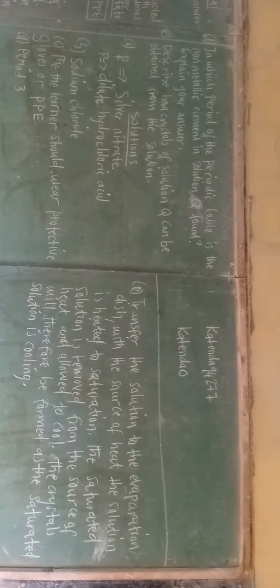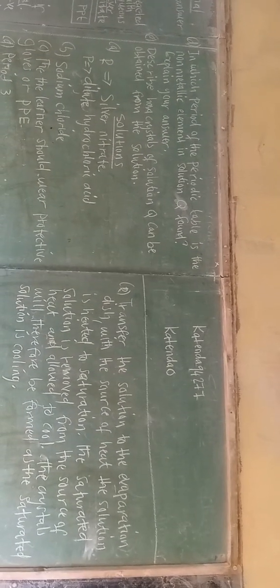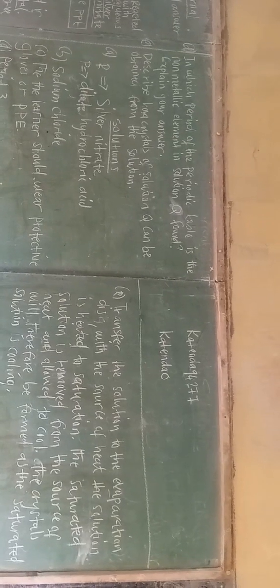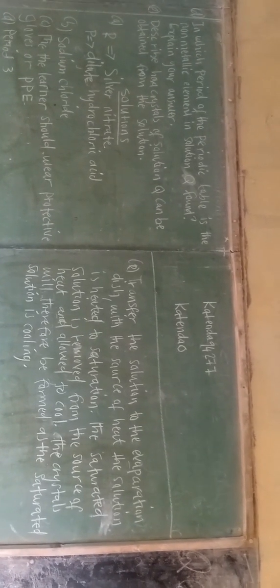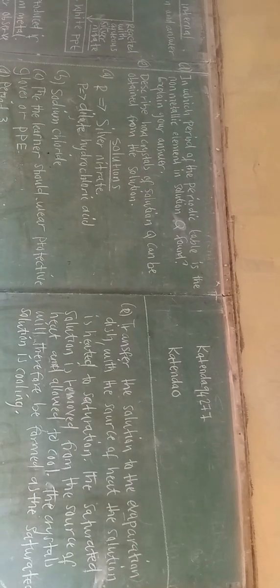The saturated solution is removed from the source of heat and allowed to cool. The crystals will therefore be formed as the saturated solution is cooling. So that is how we can prepare the crystals of zinc chloride, which they are referring to as solution Q. Okay, so we end here.